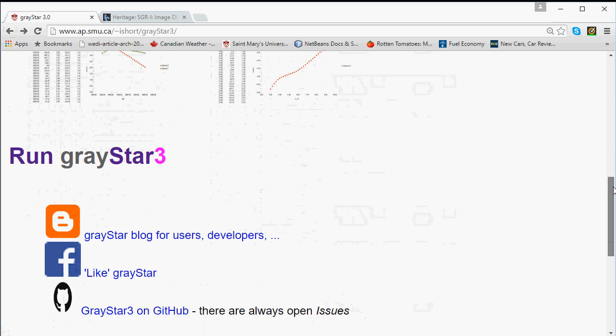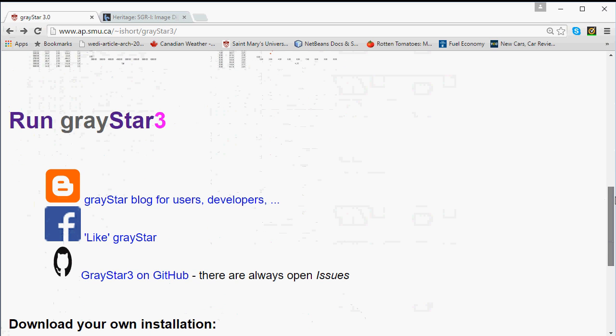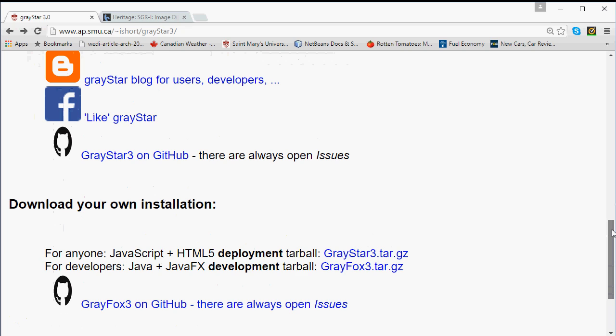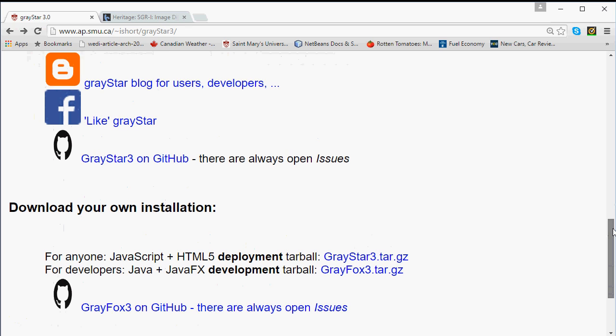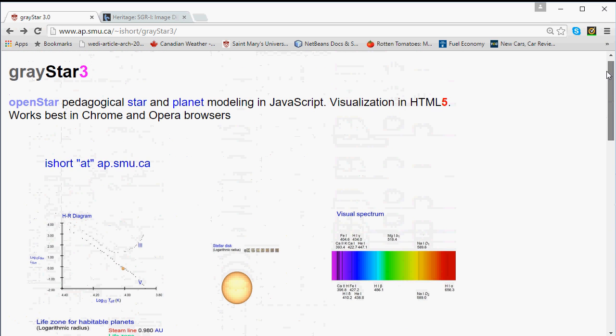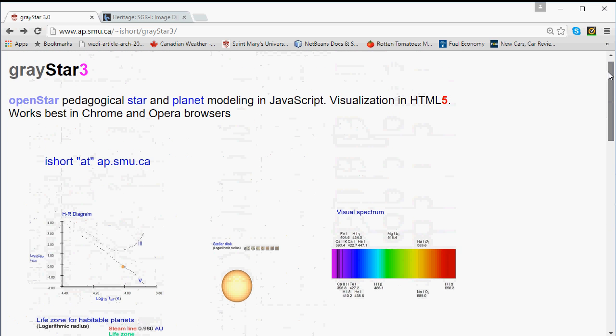But there are other things here. There's a blog for people to share information about lesson plans and projects and things like that that incorporate Greystar 3. There is a link here for people who want to install their own local installation if you want to use this or have your students use it without relying on a connection to a remote web server. So I encourage you to check out the main Greystar 3 page and see what resources are there.